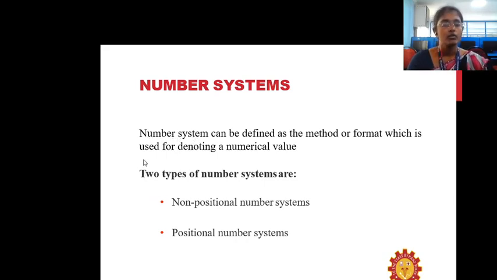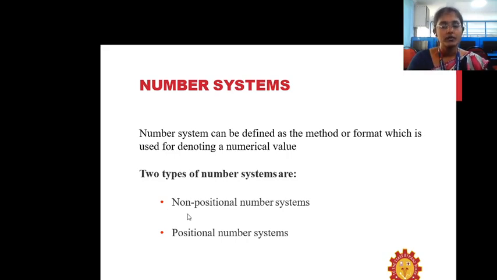In the number system we have two major types, that is non-positional number system and positional number system. The major difference is the term position. Position means the index position, that is where the number is present. So how to define that number, what the characteristics of the number are, will be determined by this classification.